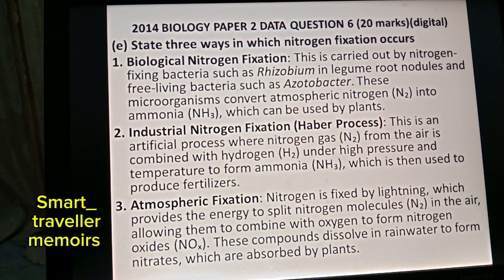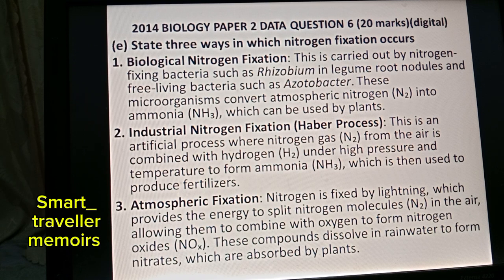So you can see here I've organized it in a table. Biological nitrogen fixation is carried out by nitrogen-fixing bacteria such as Rhizobia in legume root nodules and free-living bacteria such as Azotobacter.